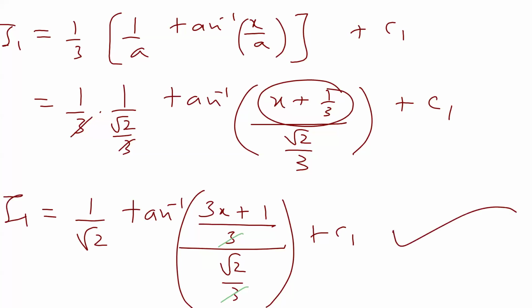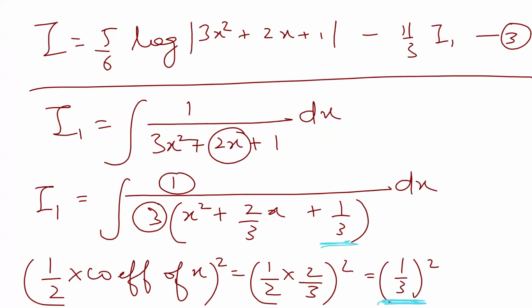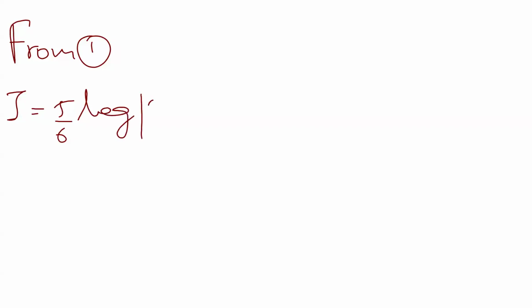So we are going to put this value of I1 in equation number 3. Okay, I'll show you equation number 3 now. This is equation number 3, right there in front of you. So just replace the value of I1. I'll write from the last step: I is equal to 5 by 6 log mod 3x square plus 2x plus 1 minus 11 by 3 into I1.